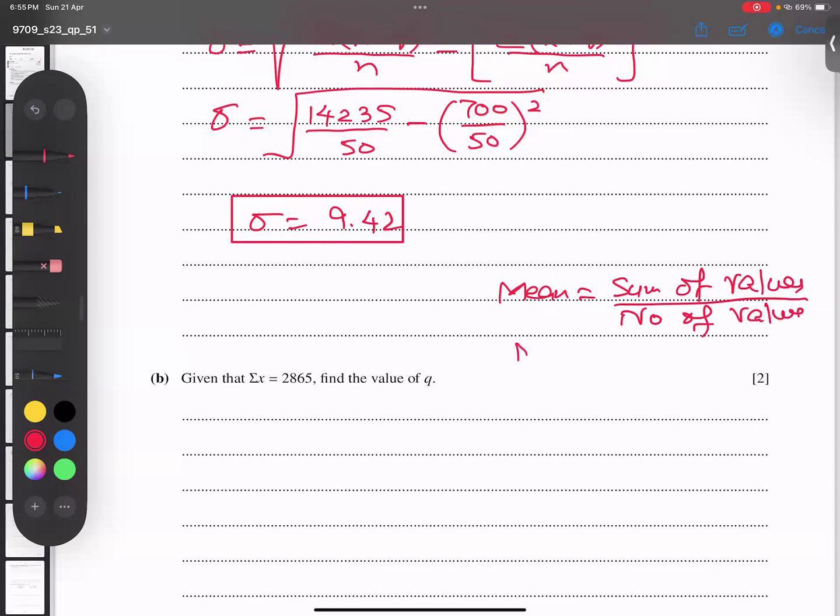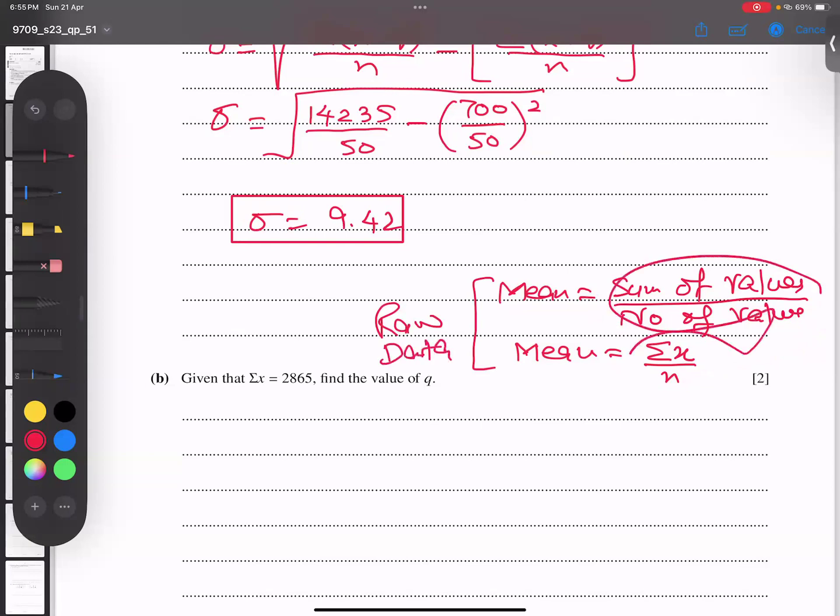Or the other formula we use is sigma x, the same thing, the sum of the values, or sigma x, divided by n. N stands for number. This is the formula for the raw data. The upper formula and the lower formula are the same, one in simple English and one in mathematical form.